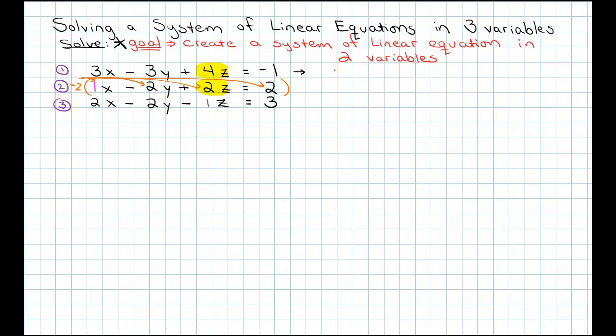Equation 1 is going to stay exactly the same, so I will end up with 3x minus 3y plus 4z is equal to negative 1. Equation 2 will turn into negative 2x plus, I gotta remember I'm multiplying, plus 4y minus 4z is equal to negative 4.